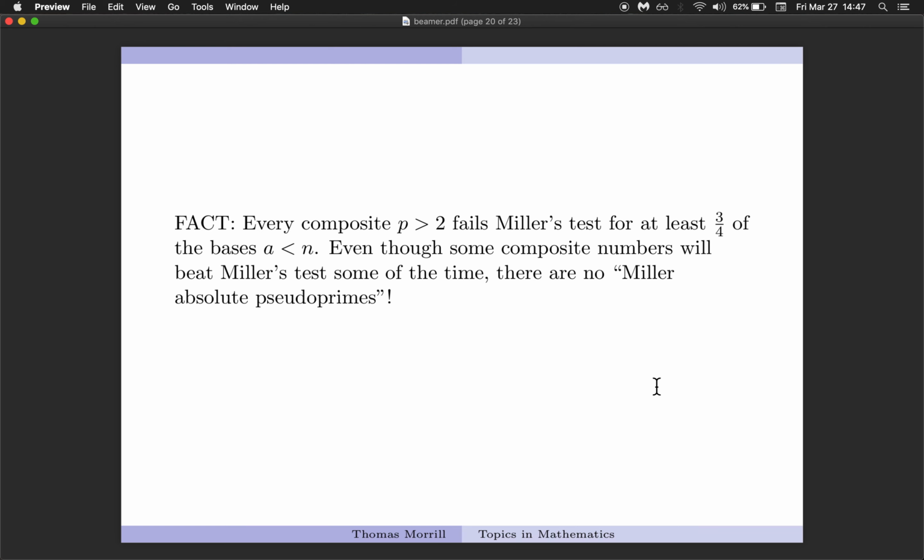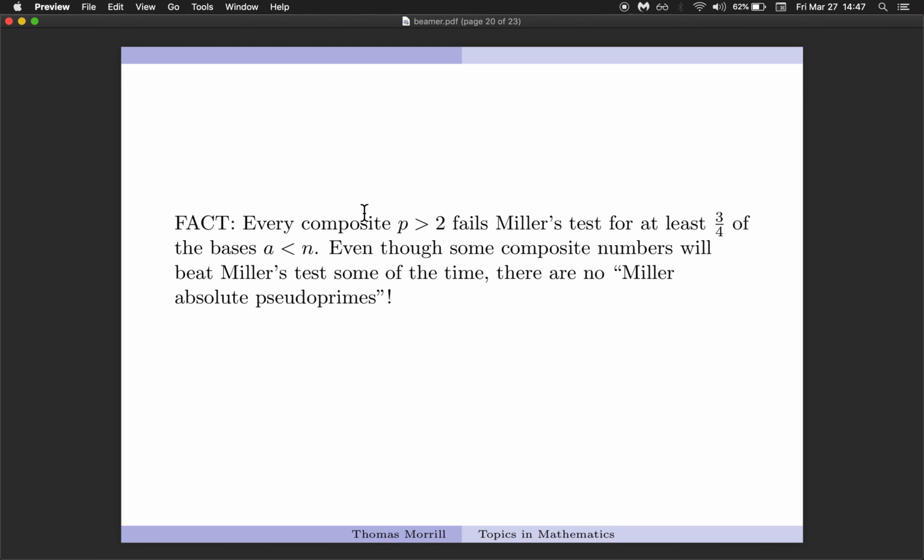Now here is a fact. I'm not going to prove this. You can just have it for free. Every composite p that we would want to be trying for this test, so some odd integer greater than 2, fails Miller's test for at least 3/4 of the bases a that we'd be looking at. Oh, and this should be a p.